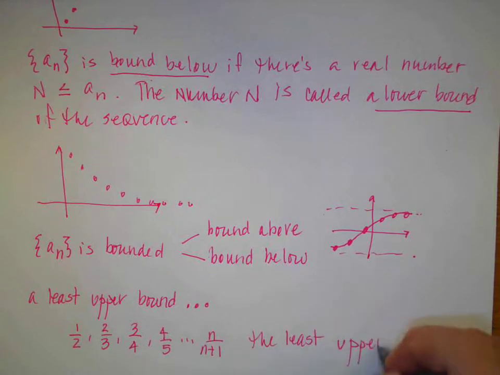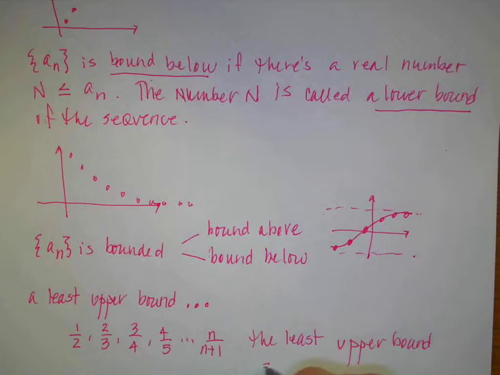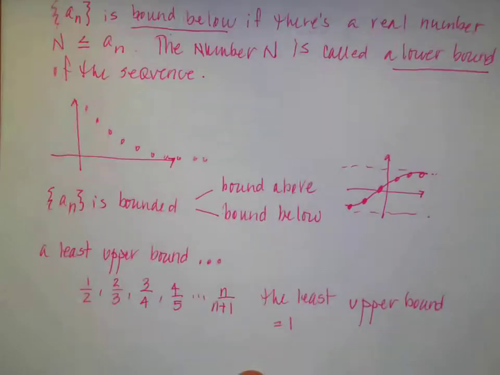The least upper bound, so that means the smallest upper bound, that hurts my head a little bit, is going to be 1. So that means that the sequence will never go above the value 1. So that would be the least upper bound.